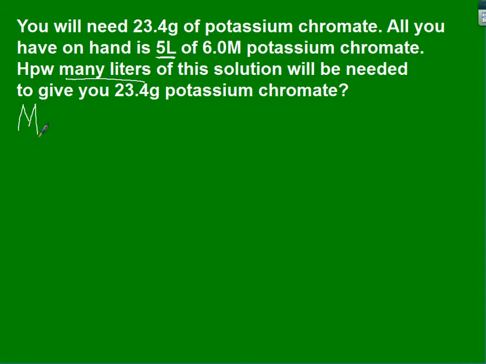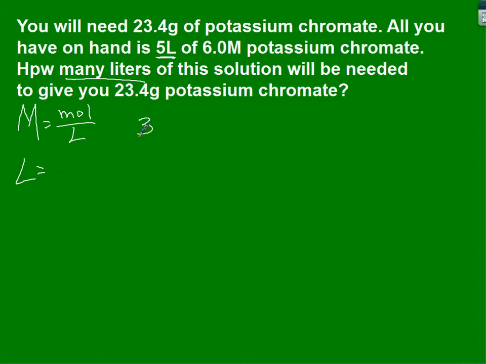Let's do it this way. Molarity is equal to moles divided by liters. If I'm looking for liters, I need to rearrange this formula for liters. So liters would be equal to what? Here's something I picked up because I had the same problem. As good at math as I am, this always confused me when I was at y'all's level. But numbers didn't confuse me.